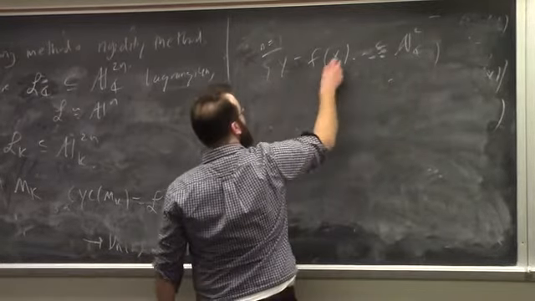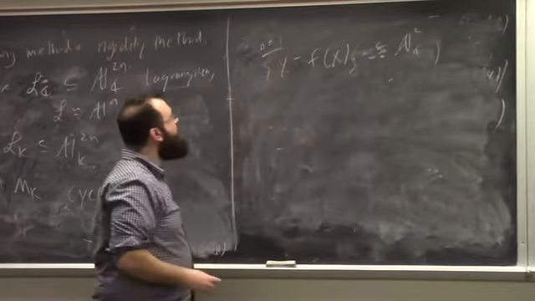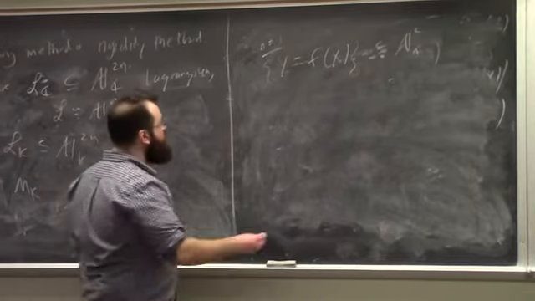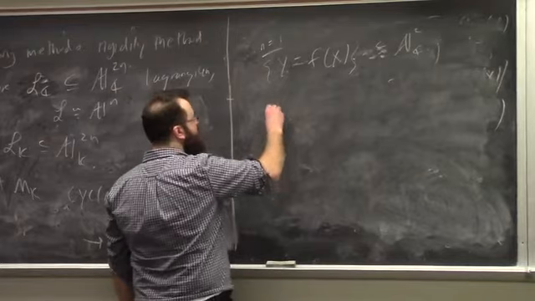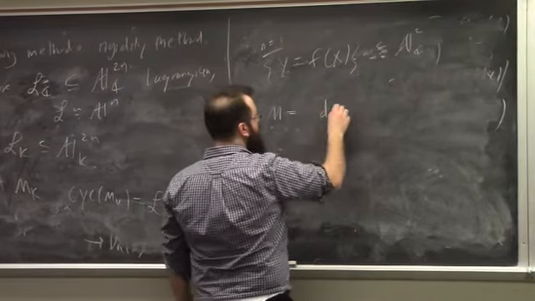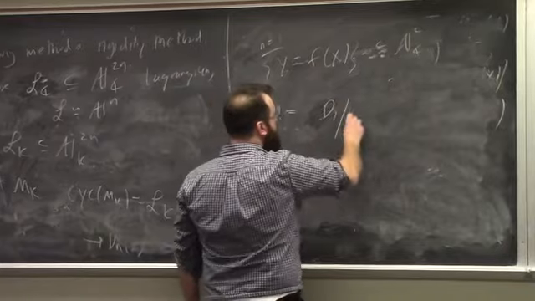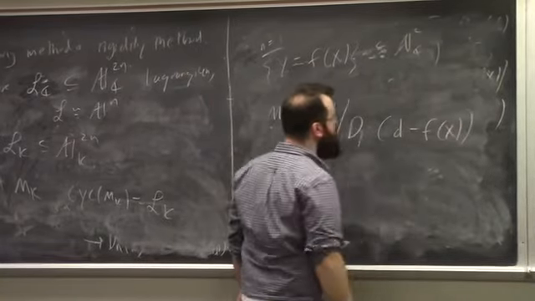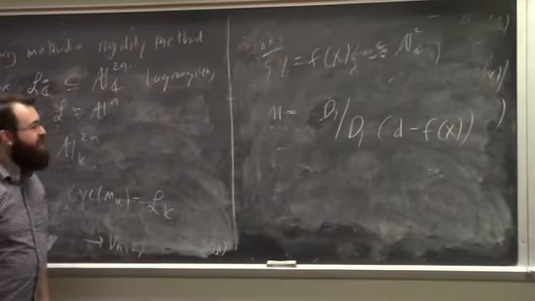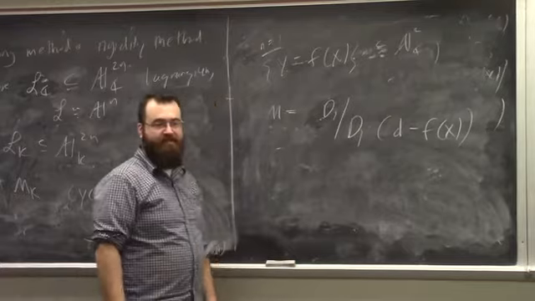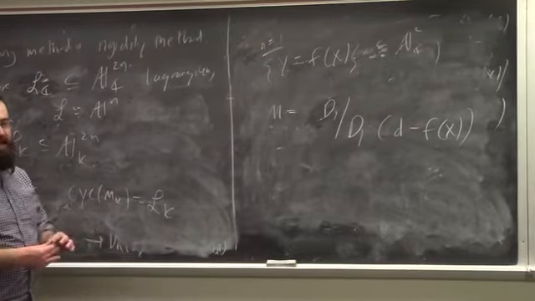So to this thing I'm going to associate M equal to the module D1 modulo D1 times (d minus f of x). So I claim that this y minus f of x just goes to d minus f of x. This comports well with what I said before.